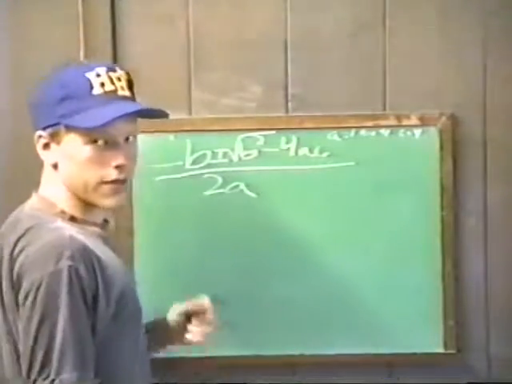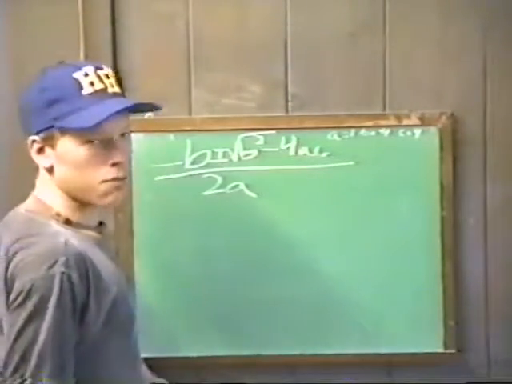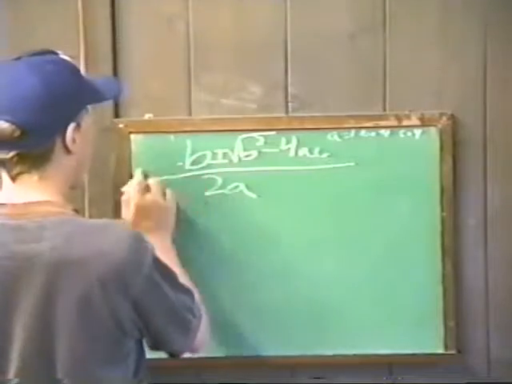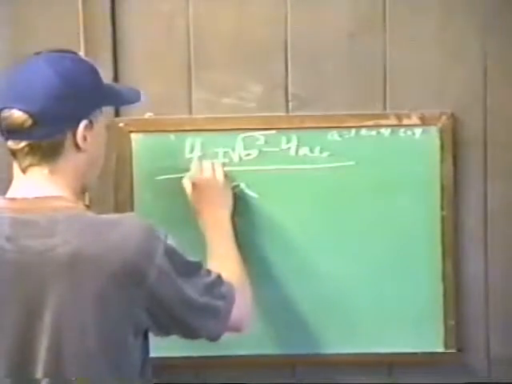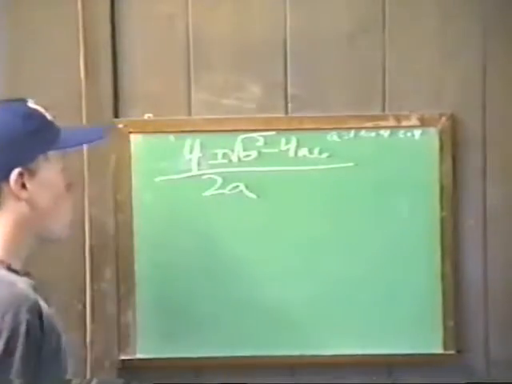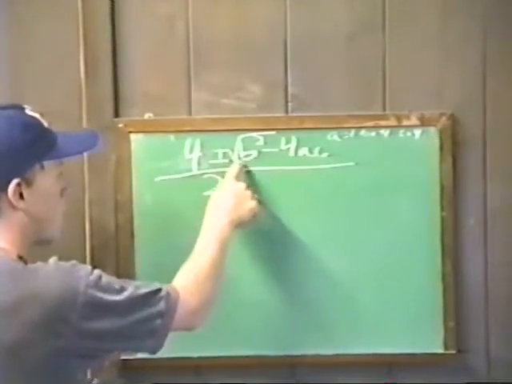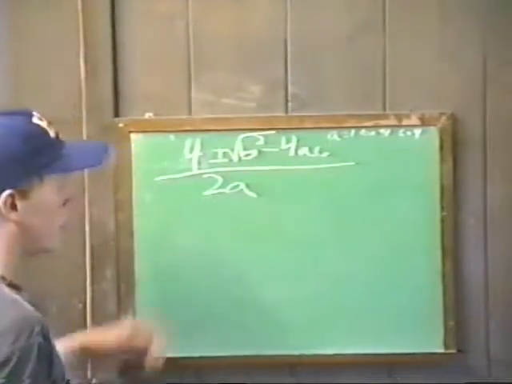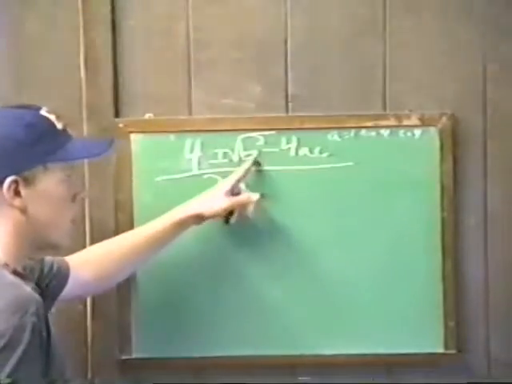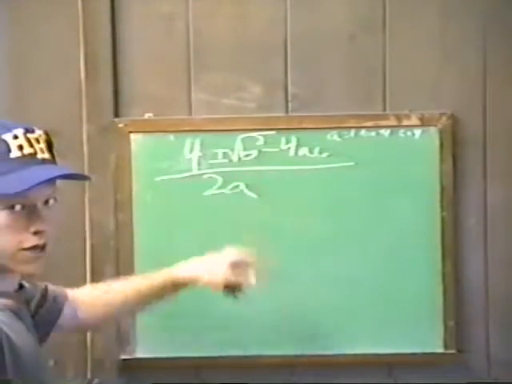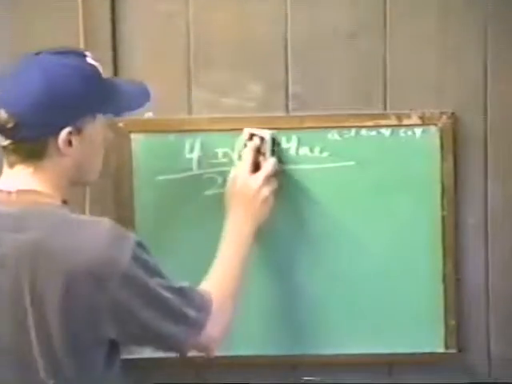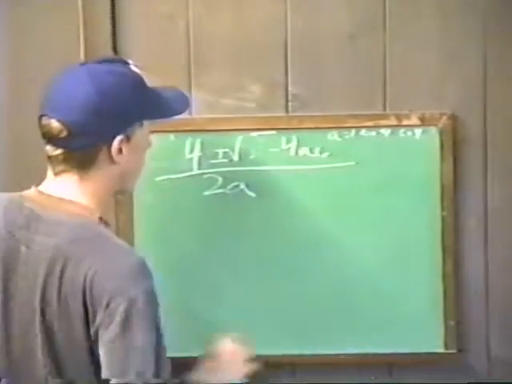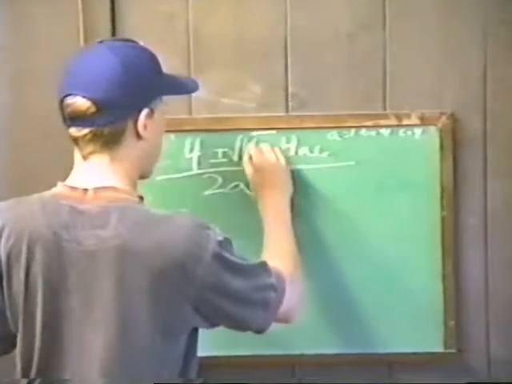The negative of -4 is positive 4. So we change this number to 4. 4 plus or minus the square root of b squared. b is -4. b squared, -4 times -4, is positive 16. So we change this number now to 16.